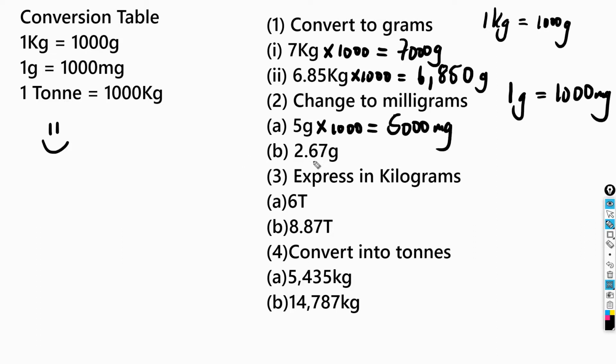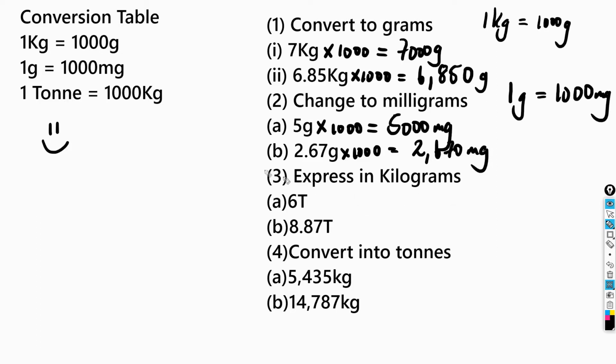For the second one, it's the same thing. 1 gram is equal to 1,000 milligrams, so we multiply by 1,000 and get 2,670 milligrams. This one says express in kilograms.